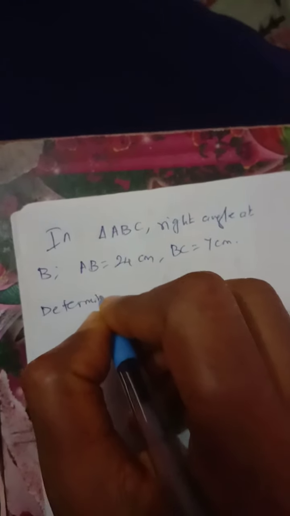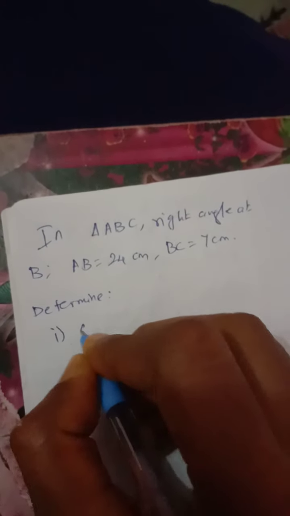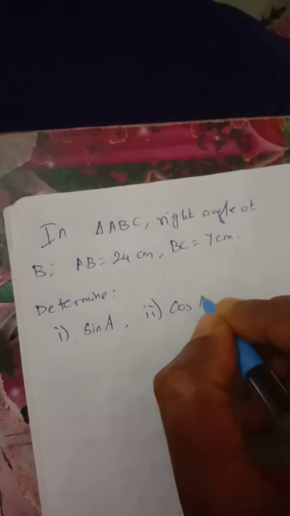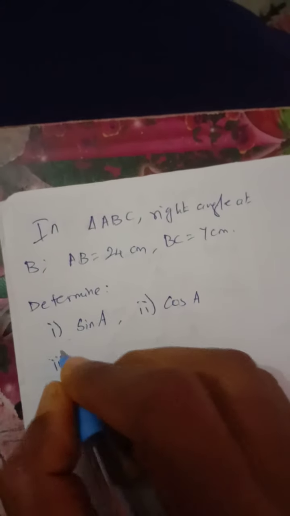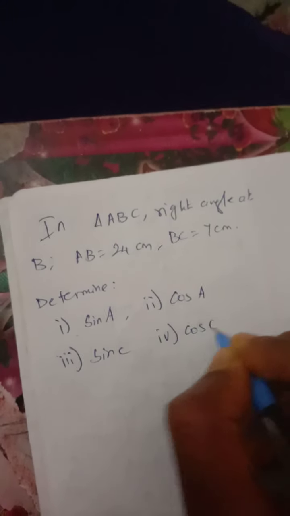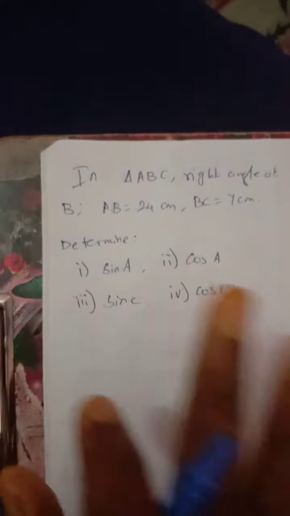Determine: first point is sin A, cos A, sin C, and the fourth one is cos C. This is what we want to find.